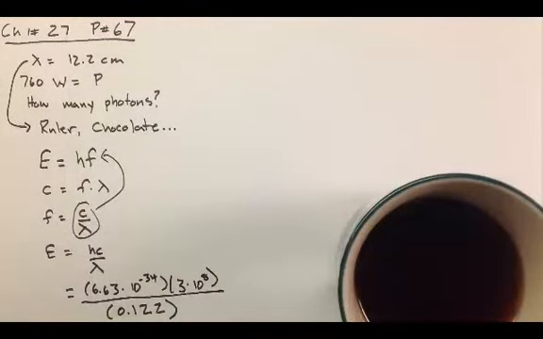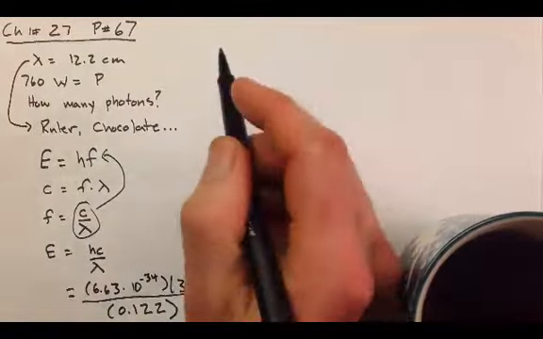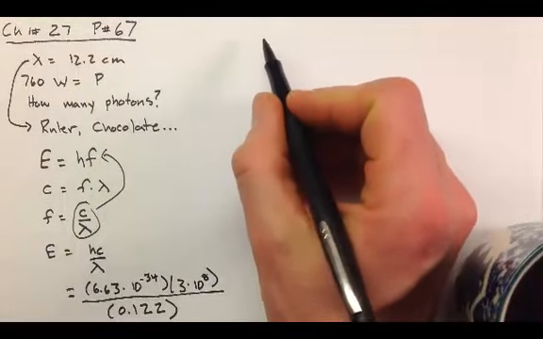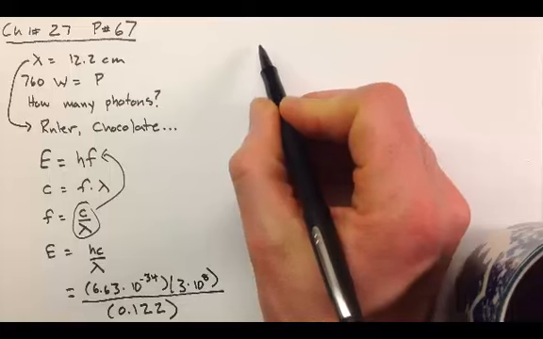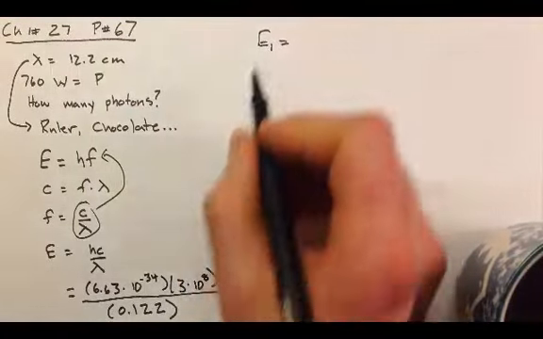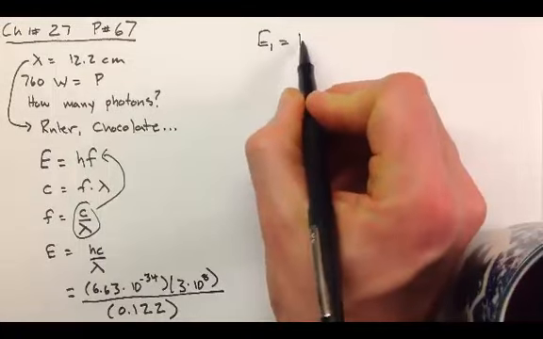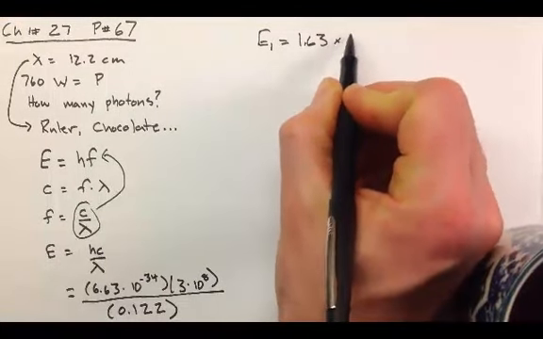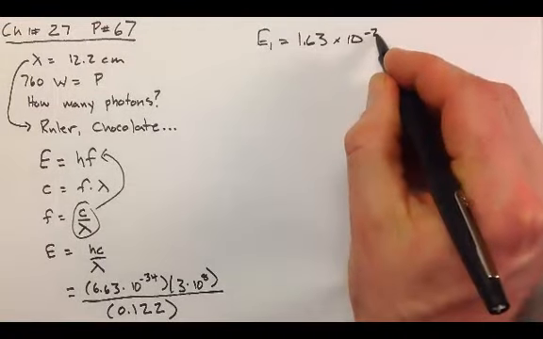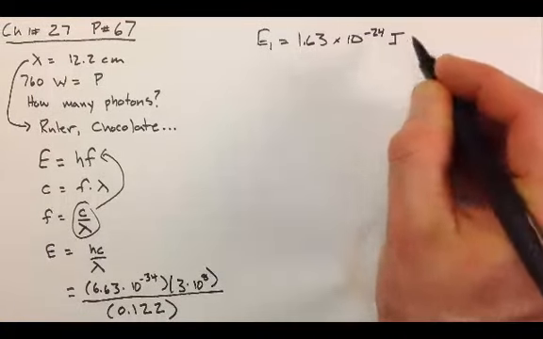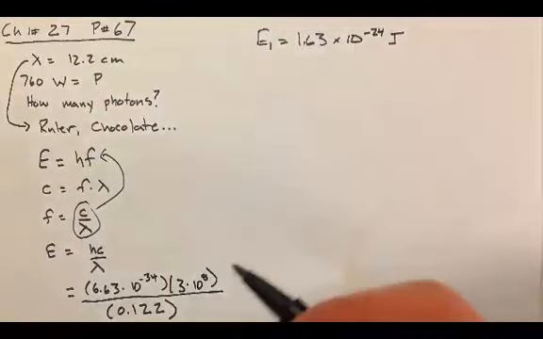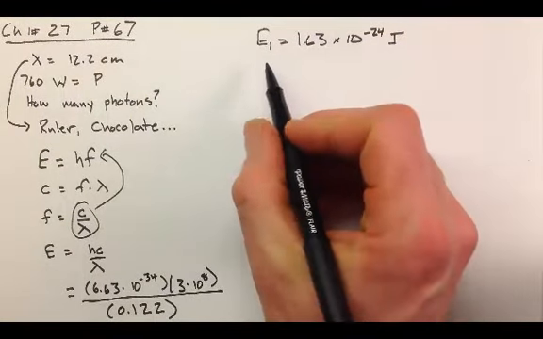We find that the energy of just one photon is equal to 1.63 times 10 to the minus 24th joules. Now that's a lot of energy, but that's just the energy of one photon.